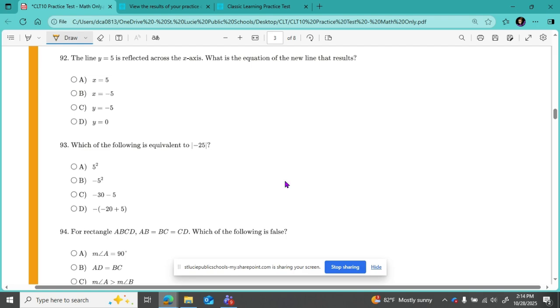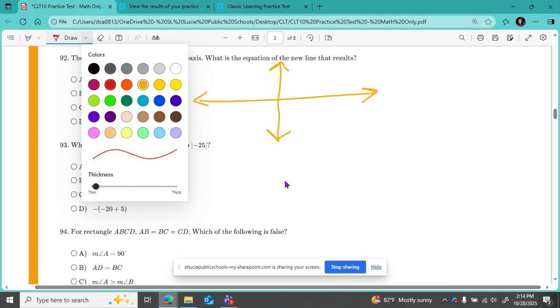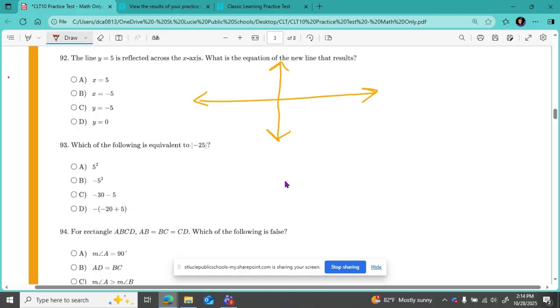Number 92 says the line y equals 5 is reflected across the x-axis. What is the equation of the new line that results? So here's my coordinate plane. My graph of y equals 5 is where y is always equal to 5.